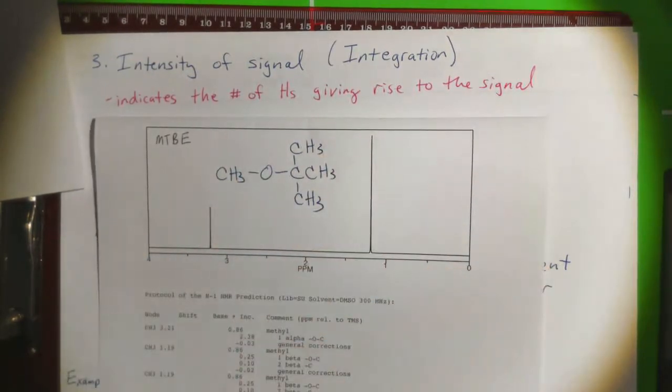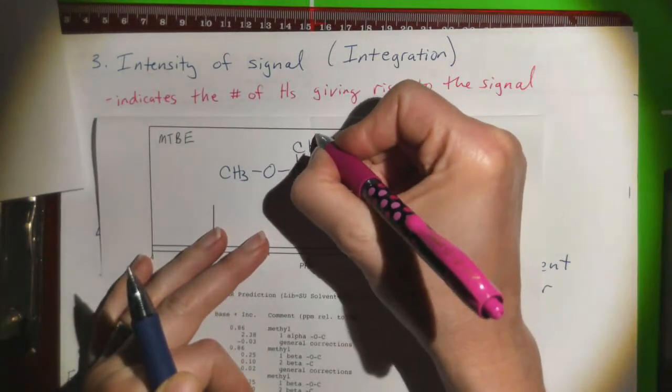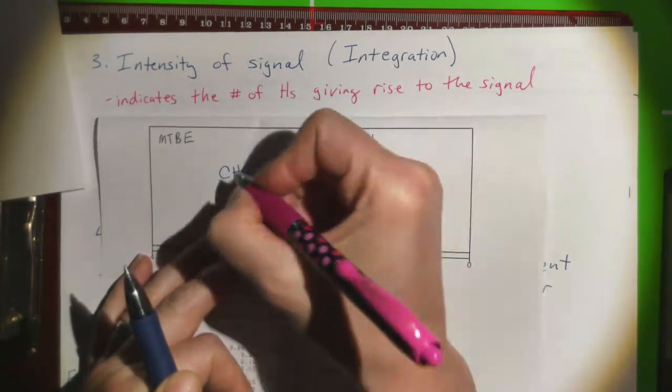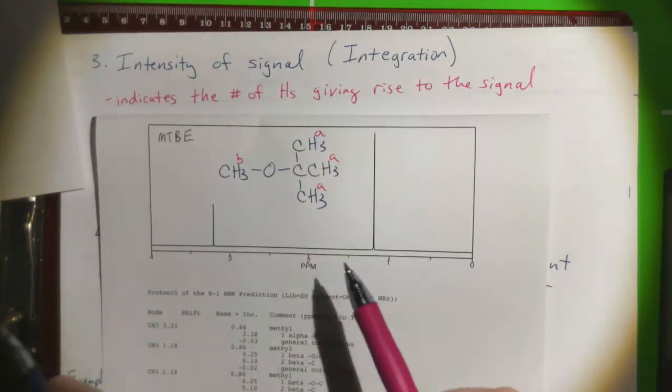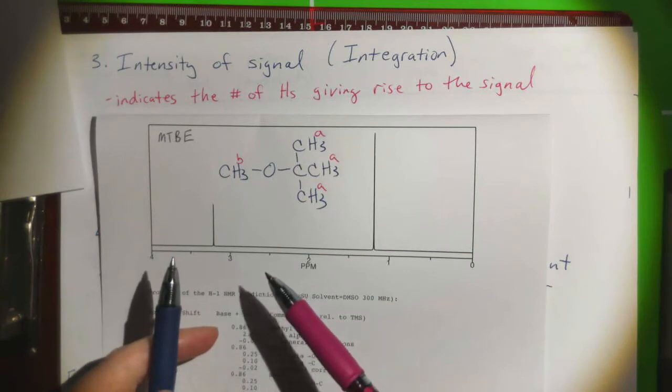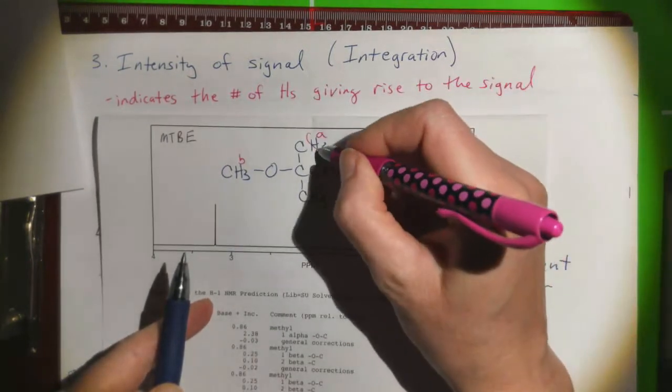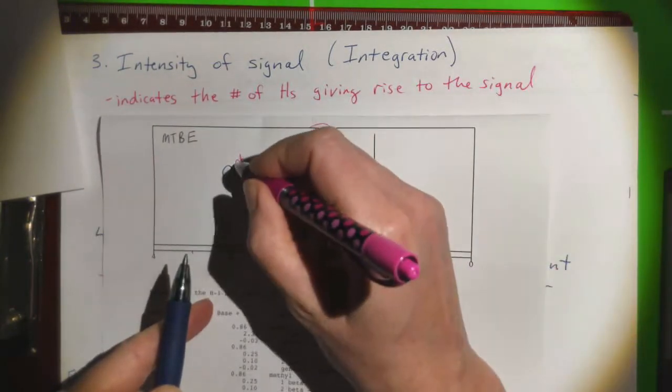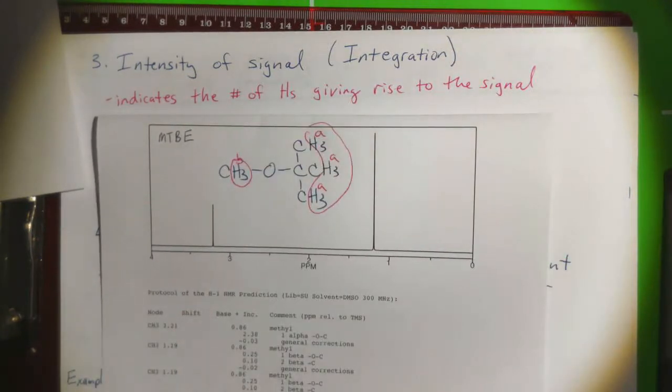So last time we said that there were, I'll call this A and B, two proton environments, okay? So all of these are equivalent to each other, and then these are in their own environment.